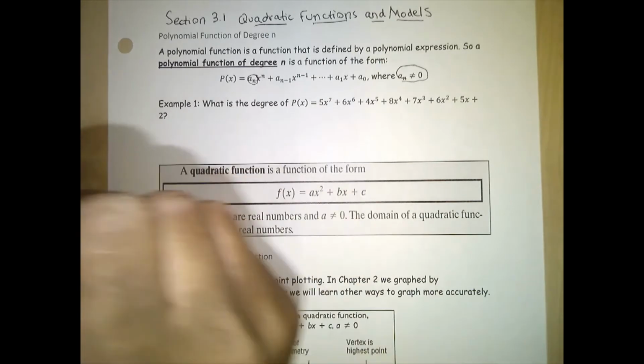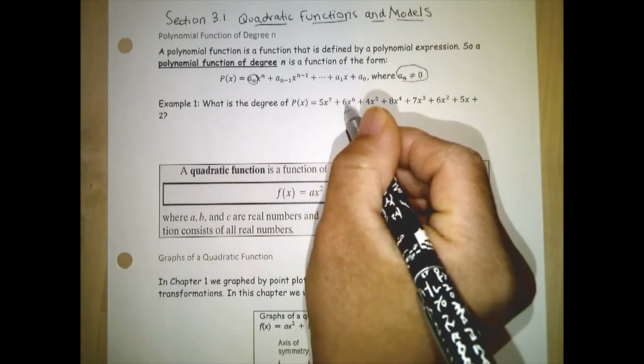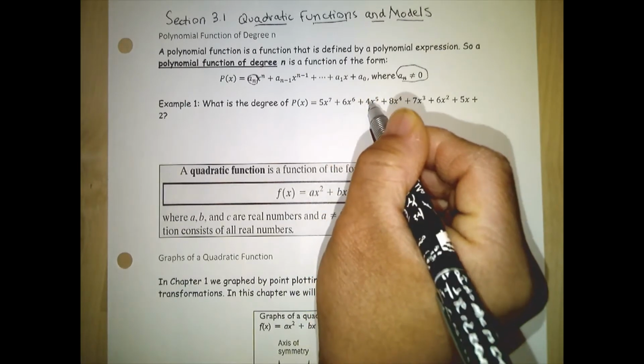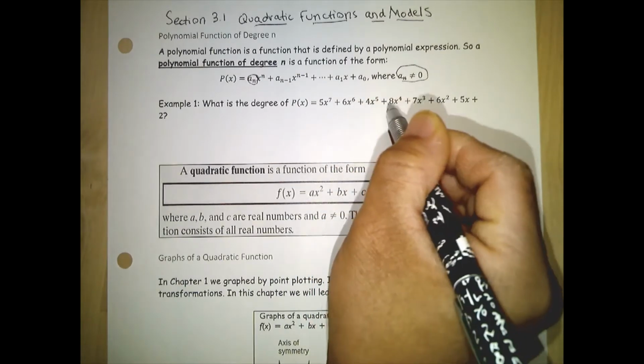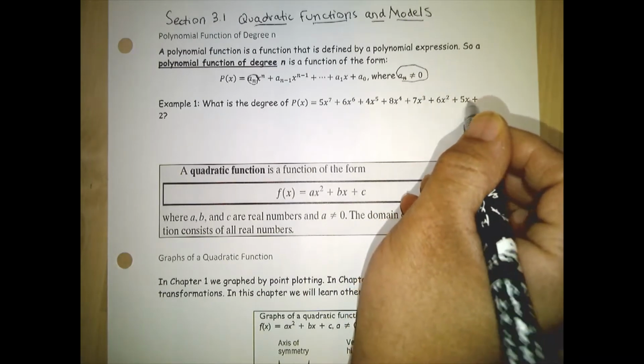Alright, so what is the degree of p of x equals 5x to the 7th plus 6x to the 6th plus 4x to the 5th plus 8x to the 4th plus 7x to the 3rd plus 6x squared plus 5x plus 2?